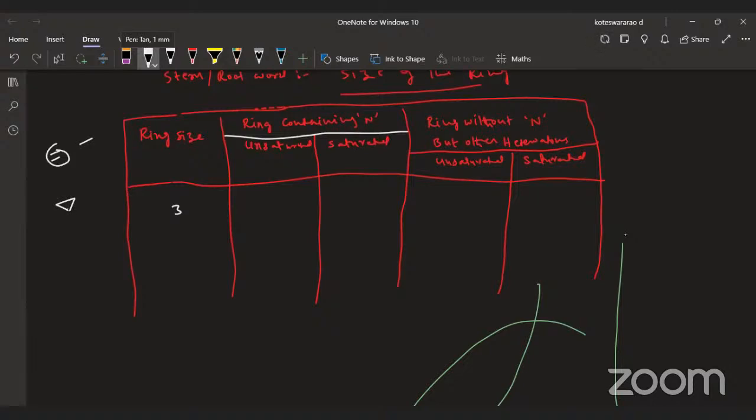Now, any one of the carbon is replacing with X, hydrogen, sulfur, oxygen, or any other heteroatom. Now, if it is the saturated or unsaturated, suppose I am considering first unsaturated, one double bond is there.